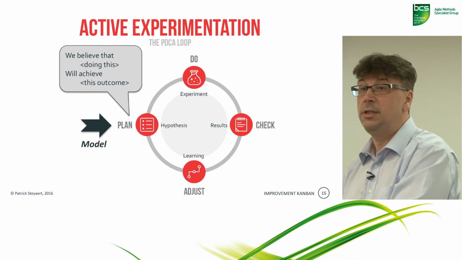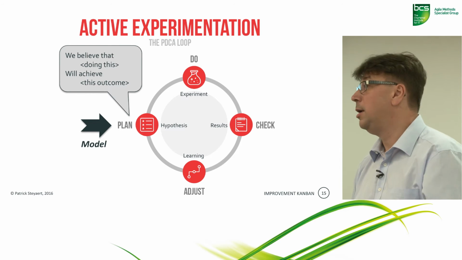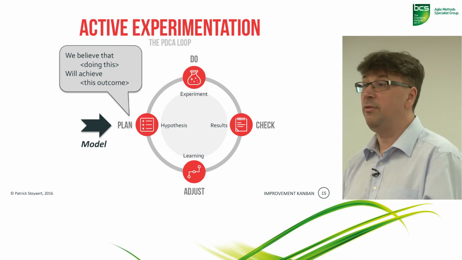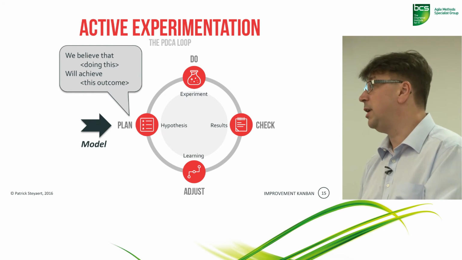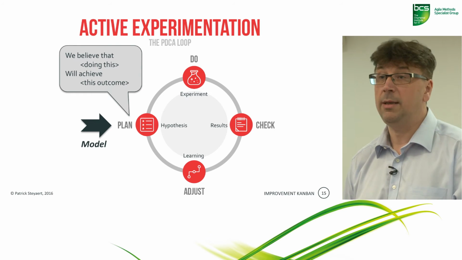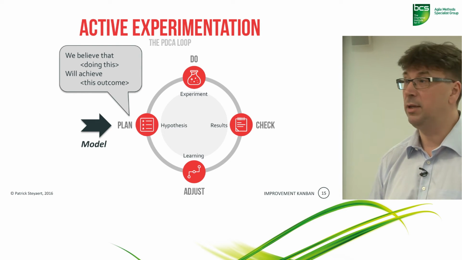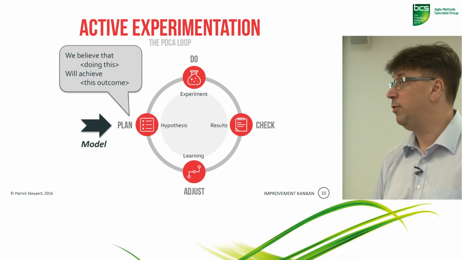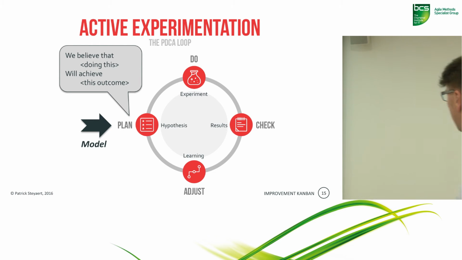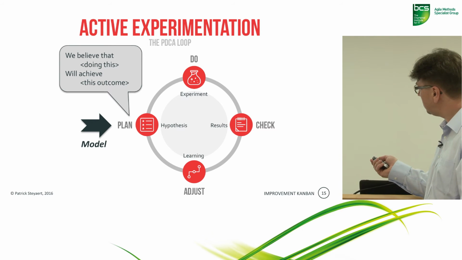We check the results, and if the results are positive, we can continue. If they're negative, we might abandon. But in any case, we will have learned something about the landscape. So the traditional PDCA loop underlies this.